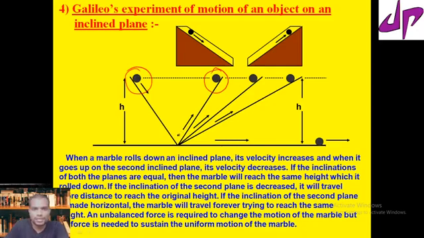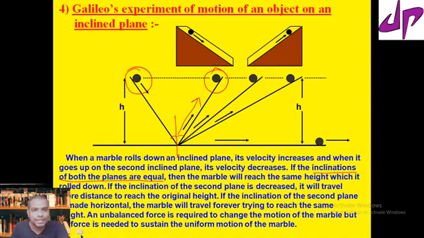When it is going from here to there, the velocity of the marble decreases. That's common sense. Now if the inclinations of both planes are equal, meaning the angles we measure here, which we call inclinations, then the marble will reach the same height from which it rolled down.